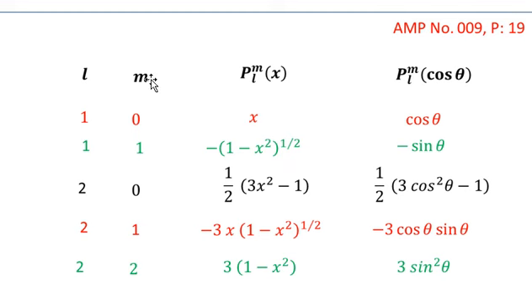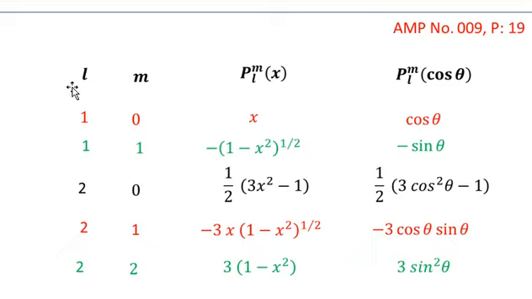The next column contains the values of M. The third column contains the value of PLM as a function of x, that is the associated Legendre polynomial as a function of x, and the fourth column contains the associated Legendre polynomial as a function of cos of theta, that is meant for the calculation of the hydrogen atom.